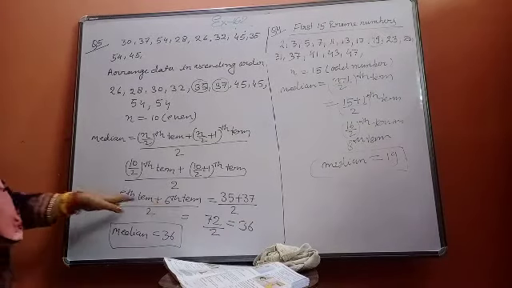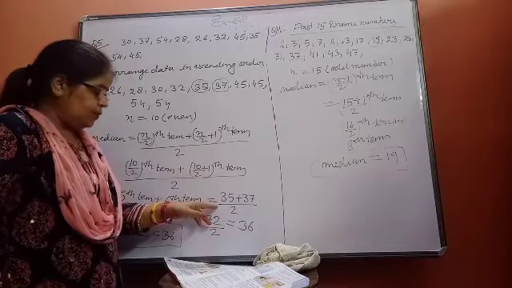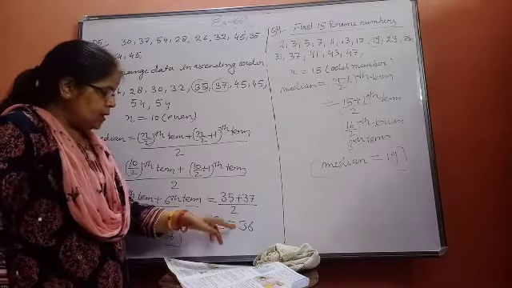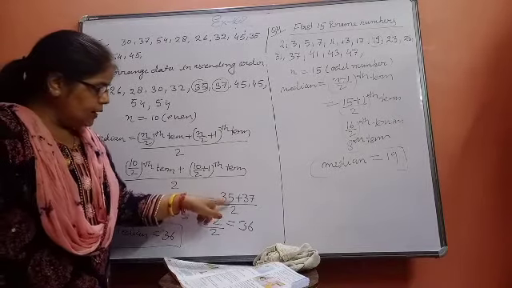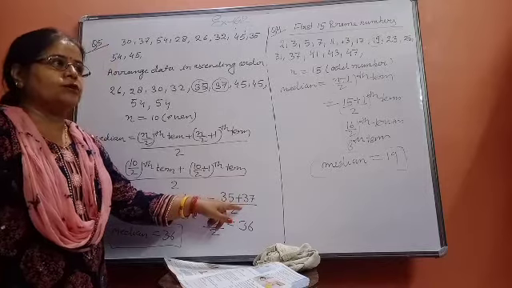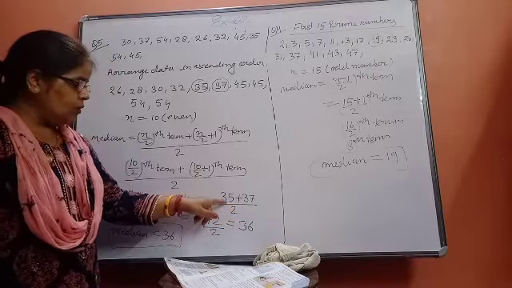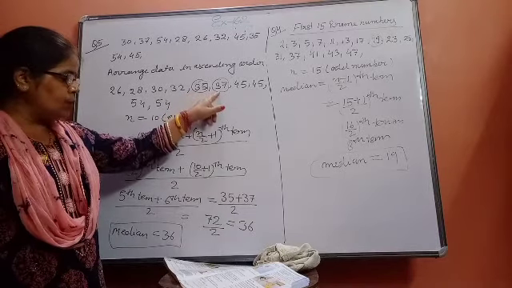Beta, don't follow the answer sheet for this one. In your answer sheet, its answer is given wrong. Its answer will come as 36, because 35 is written over there, and 35 can only come when 35 appears two times in the given observations. Here only one 35 is there. So the 5th term will be 35 and the 6th term will be 37.